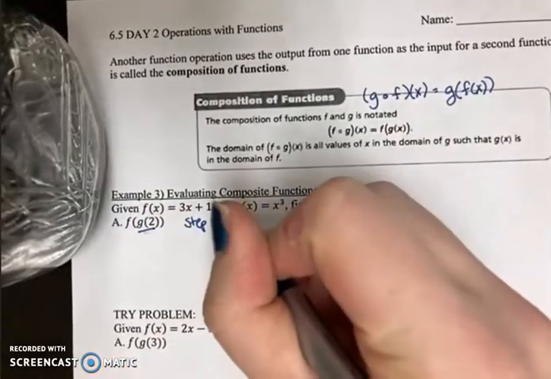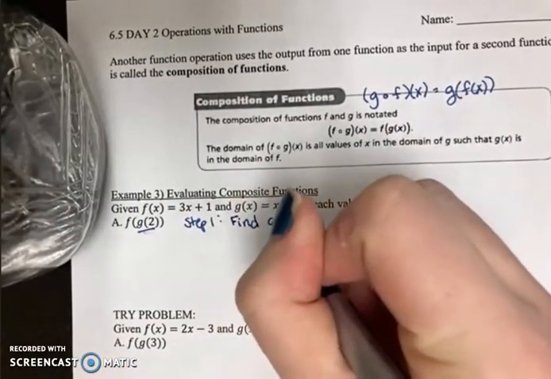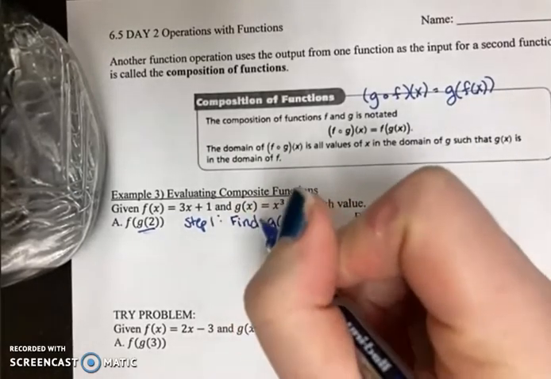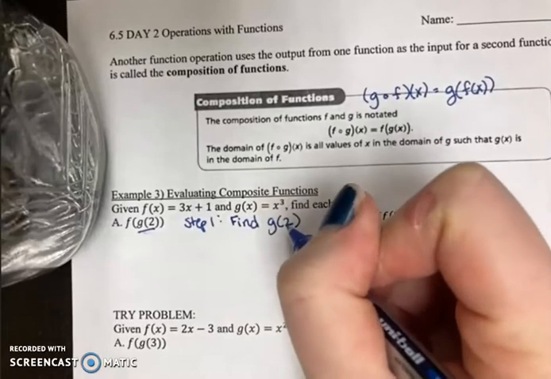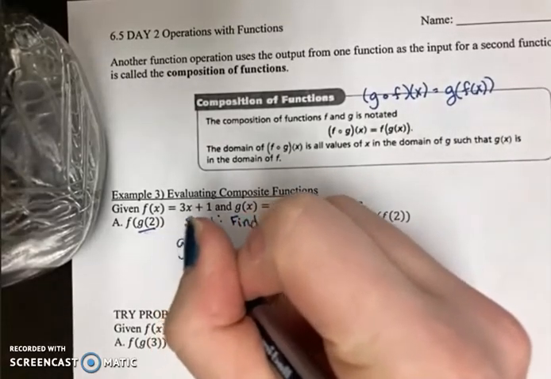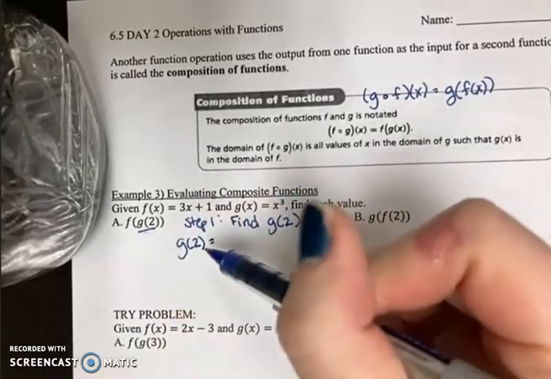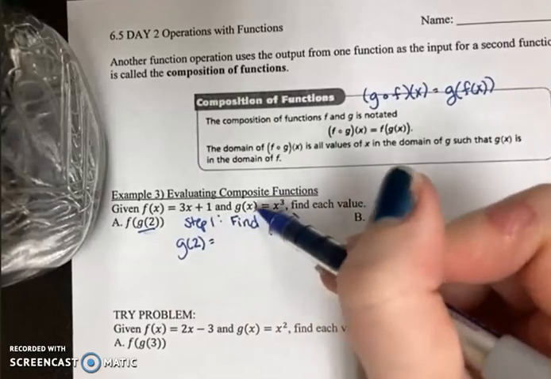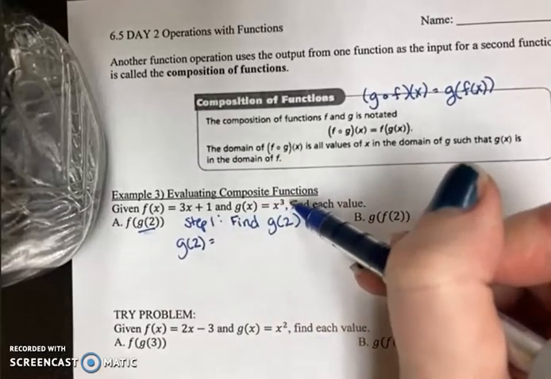So we're going to find g of 2. That means I need to plug 2 into the g function. So g of 2 equals, I'm going to plug in a 2 wherever I see x. So g of 2 equals 2 cubed.